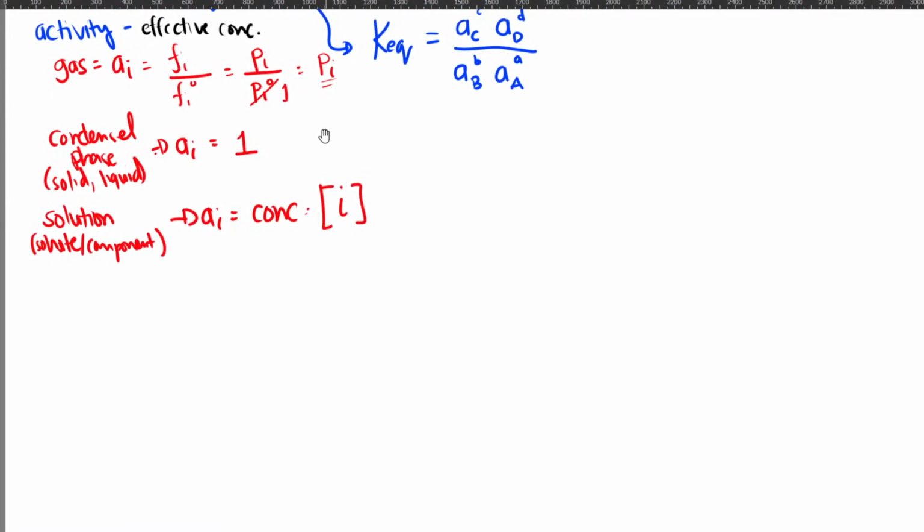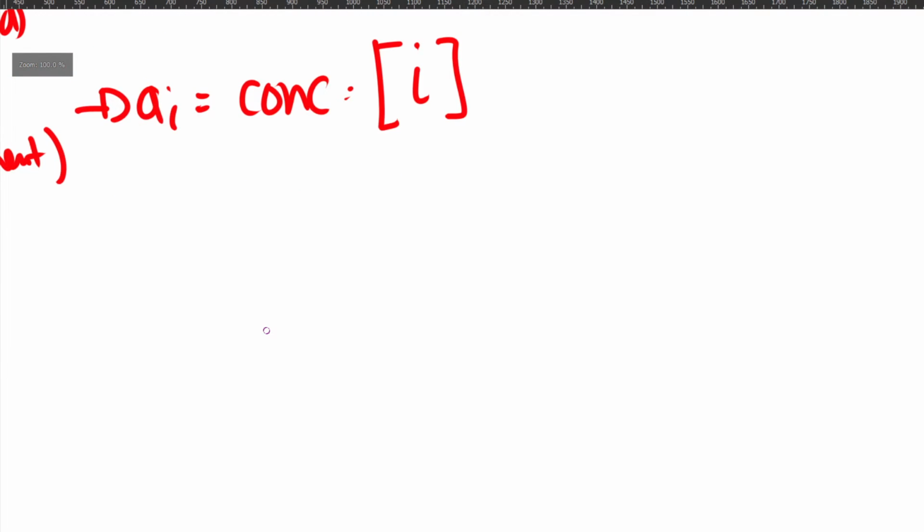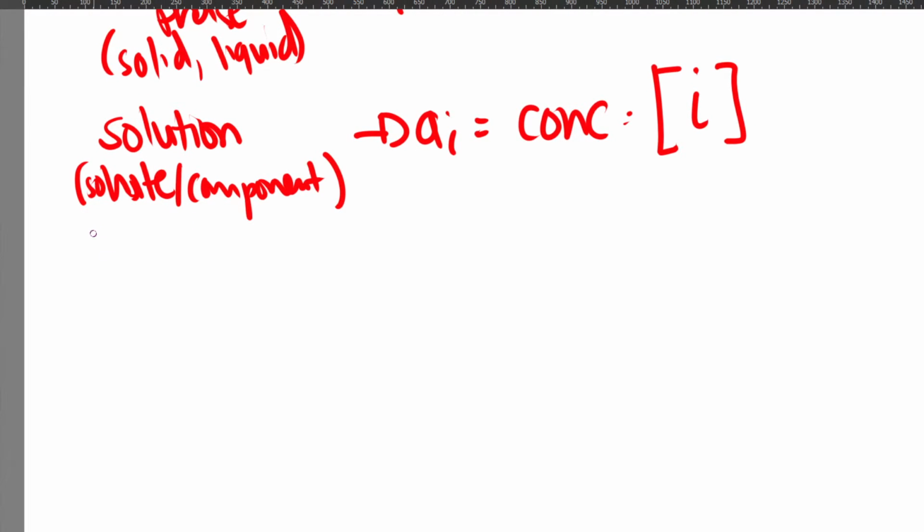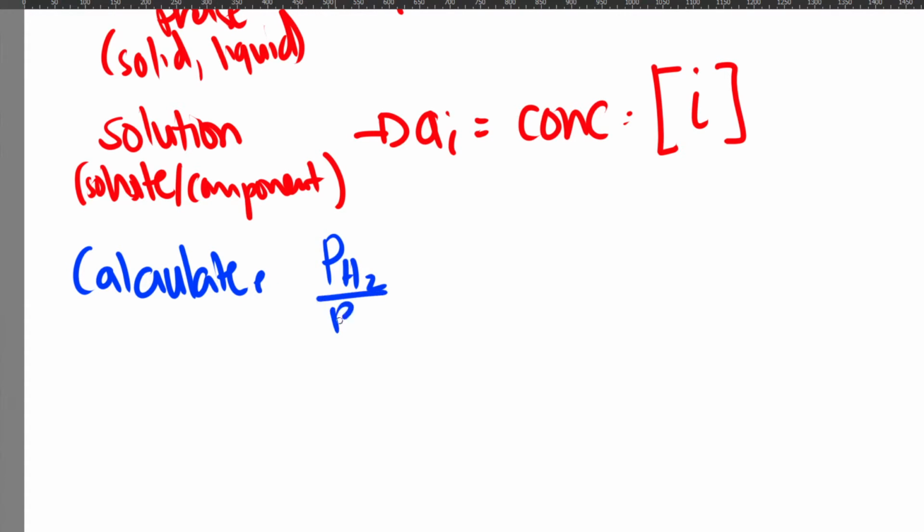As an example, let's take example 2 from your module. We're gonna calculate, of course, we always calculate in thermodynamics, the equilibrium ratio of pH2 over pH2O for the oxidation of chromium in water vapor at 1273 Kelvin.